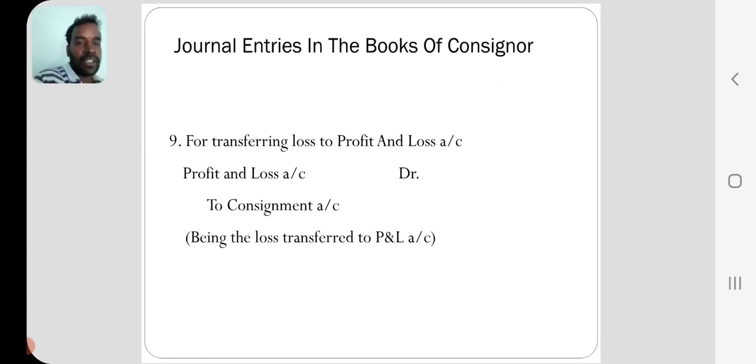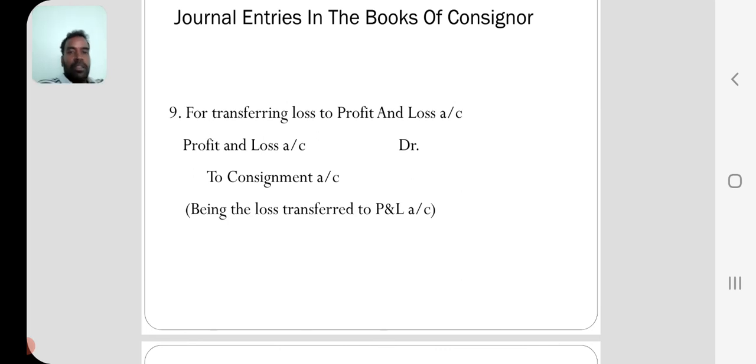For transferring the loss to profit and loss, profit and loss account debit to consignment account. In profit and loss account debit side, we have to write "to consignment" and the amount should be written. In consignment account credit side, "by profit and loss account", we have to mention the loss.